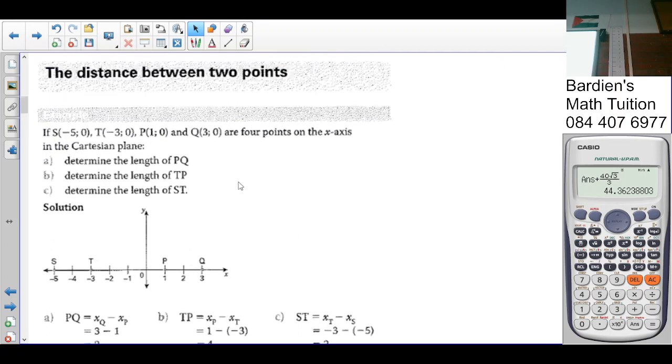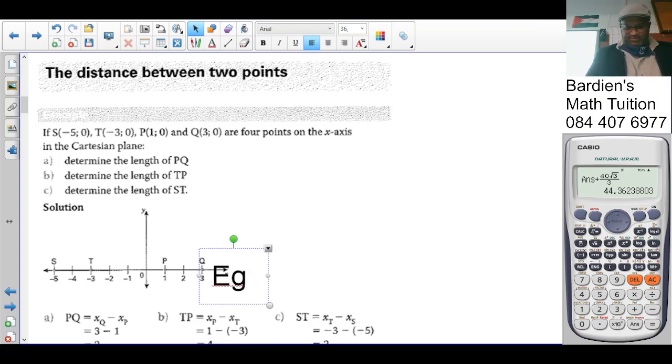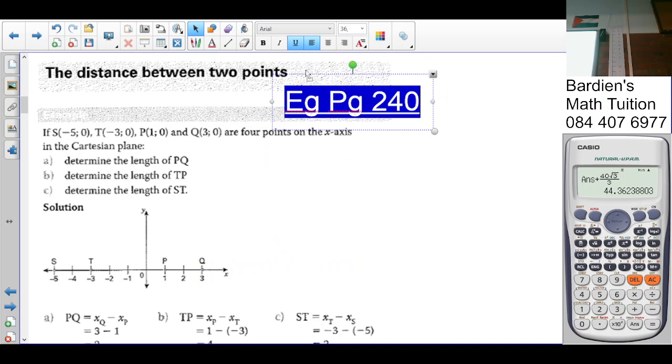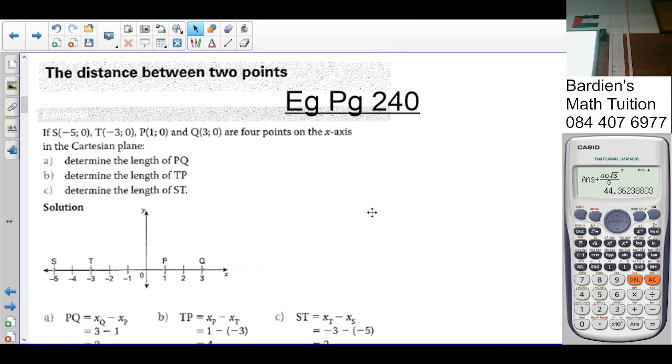People, this is between 2 points. Here we go, this is the example on page 240. Right, in the example on page 240, we said if S, which is negative 5 and 0, T, which is negative 3 and 0, P, which is 1 and 0, and Q, which is 3 and 0, are 4 points on the x-axis.